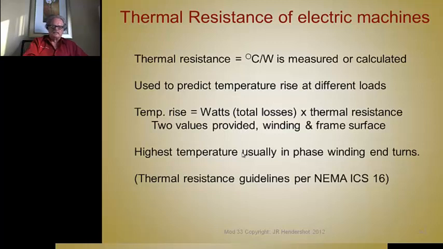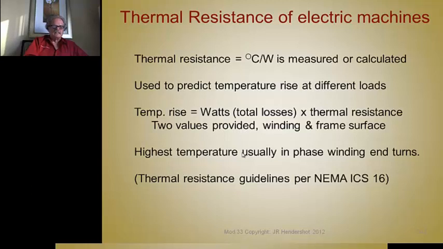But if you're going to buy somebody's motor, and they're trying to entice you to buy it, then you want to know its thermal resistance, because whatever the watts are that it takes to produce the power that you need, you want to know what the thermal resistance is, the degrees C per watt temperature rise you're going to get.